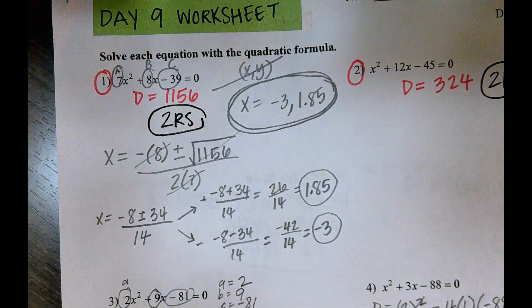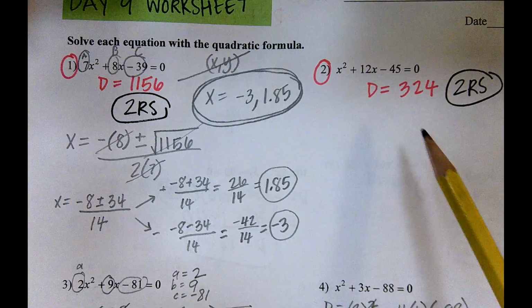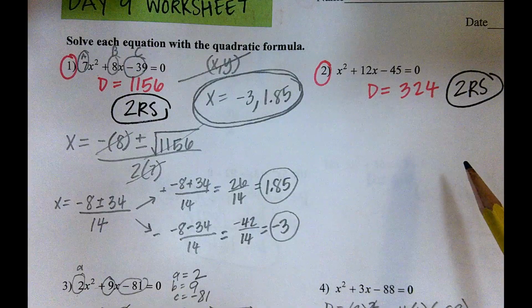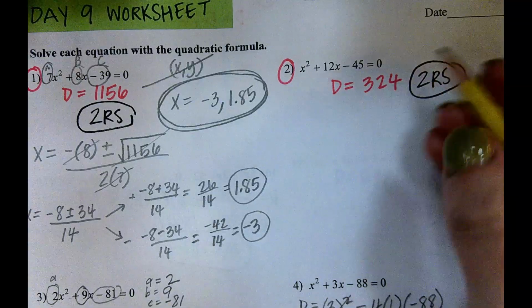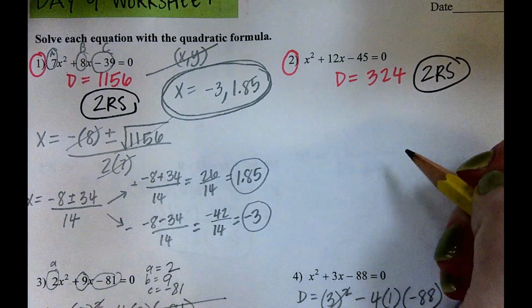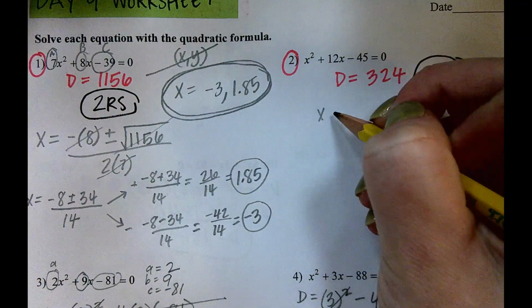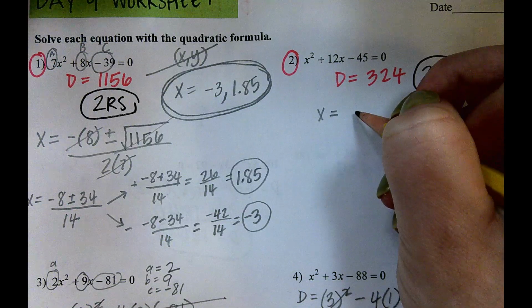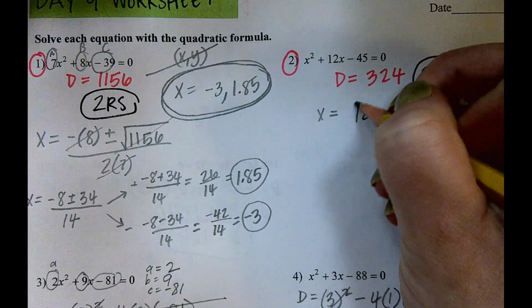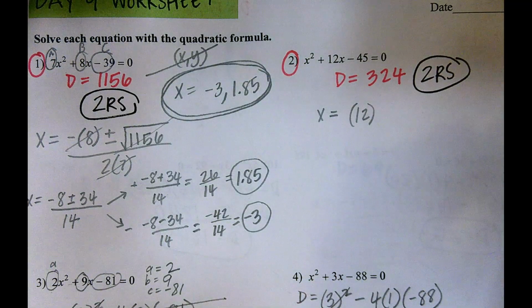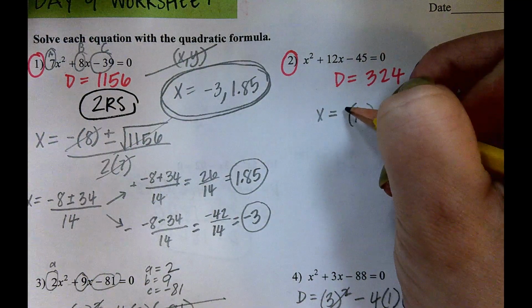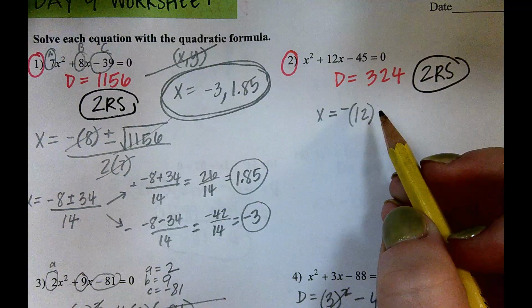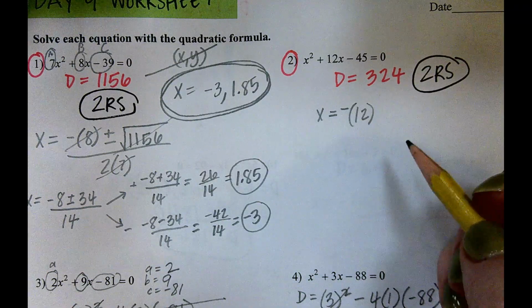All right. Who would like to help me with number 2? You want to try? Okay. Number 2, Mia. X equals 12... I'll give you the first one. Sorry. Oh, that's okay.